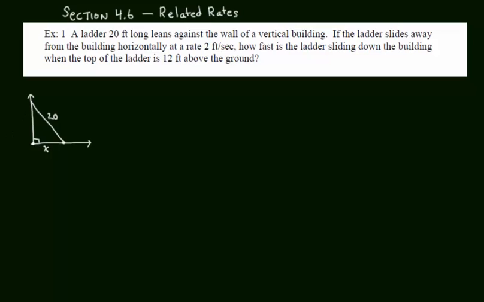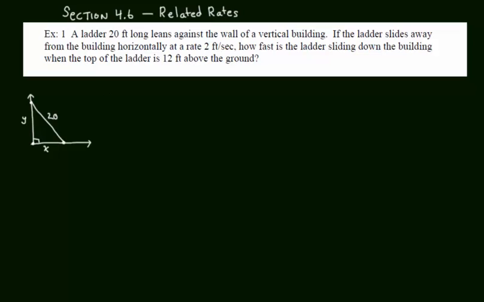You can call it anything you want. I'm calling it x because it's sort of along the x-axis, and I'm going to call the height of the ladder's position off the ground y, and that will also change, hence the variable.